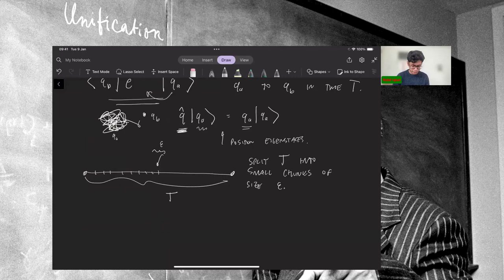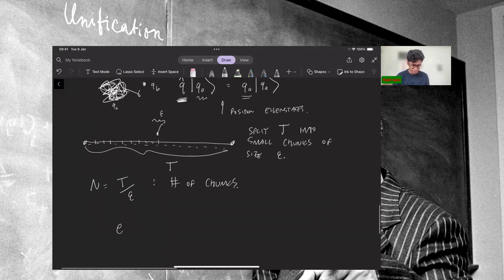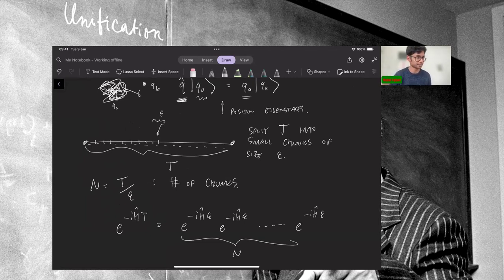So in particular, if we call n equal to t over epsilon, n is the number of chunks I have altogether. Now I can write e to the minus i h hat t as e to the minus i h hat epsilon, times e to the minus i h hat epsilon, and so on, all the way to the end. There are n factors of e to the minus i h hat epsilon here.